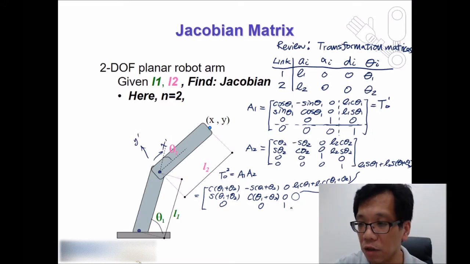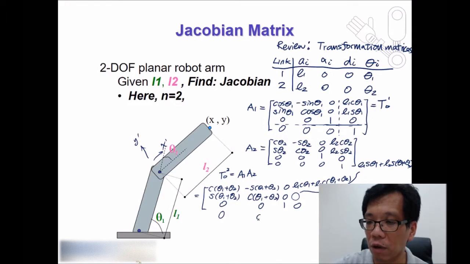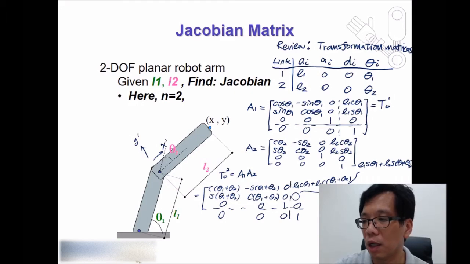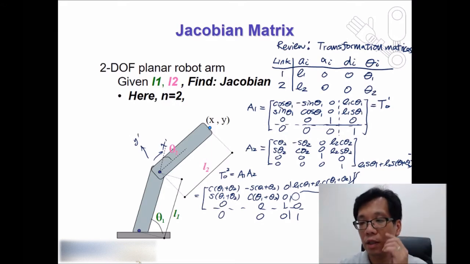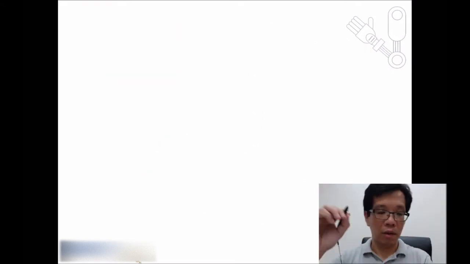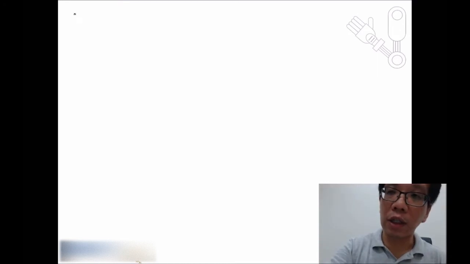The third component is going to be 0. The fourth row over here is going to be the typical one. And this is going to be my matrix. Okay, so let's rearrange that over here.